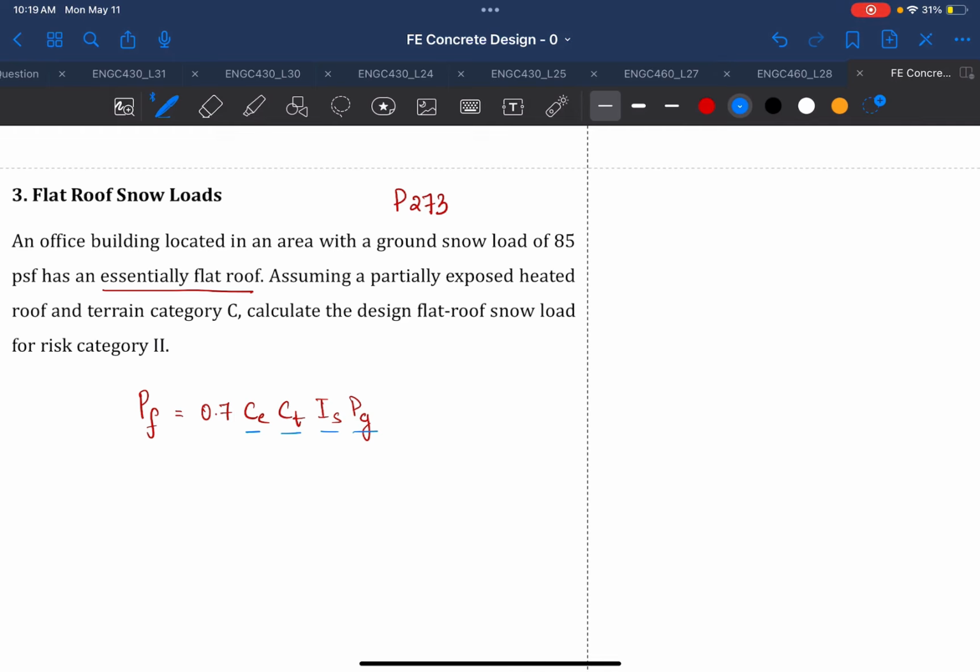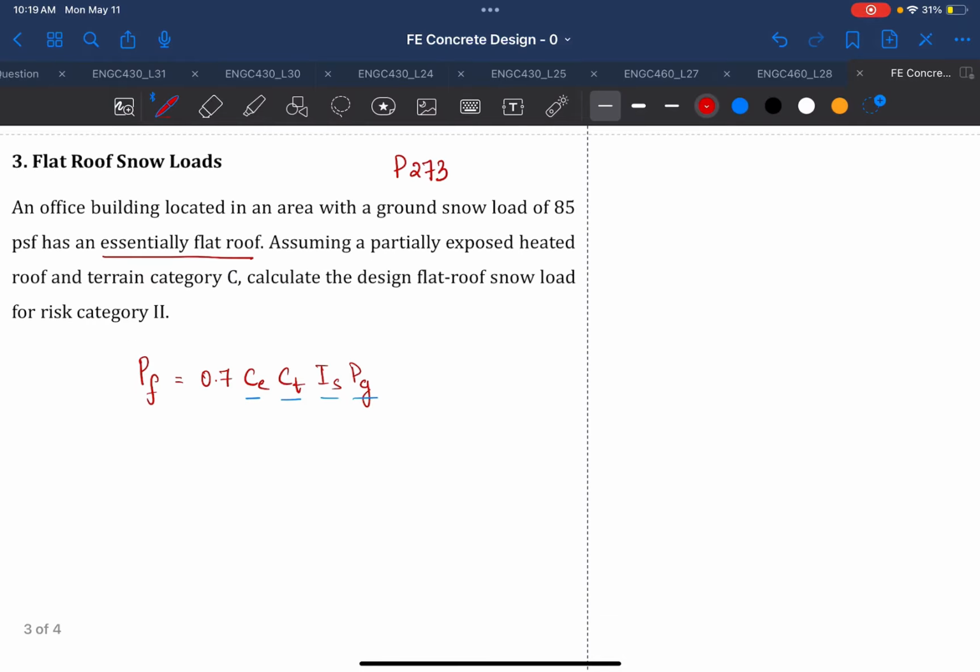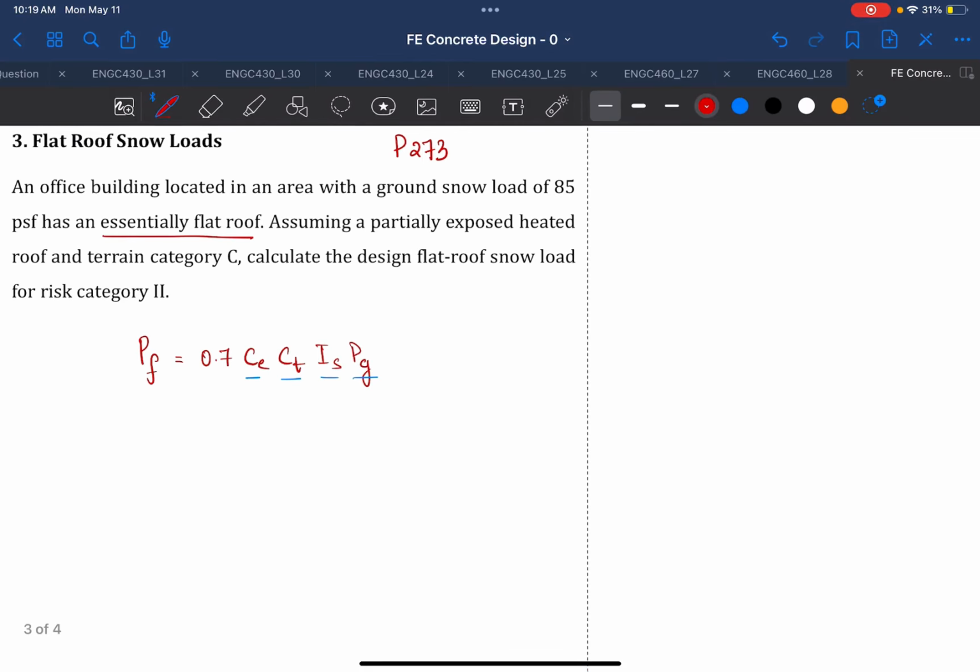All these factor values are given in tables, and in your question the options are given, so you have to read carefully what is given in your question, otherwise you won't know which value to use.